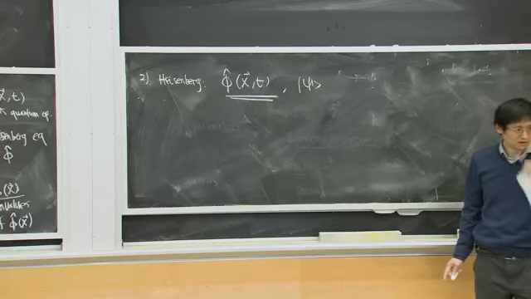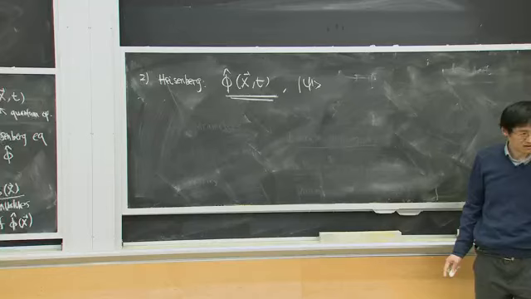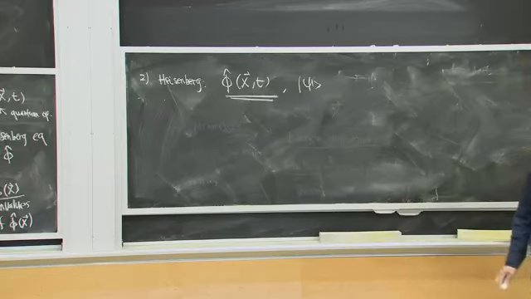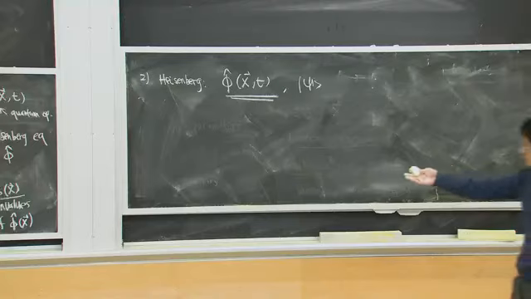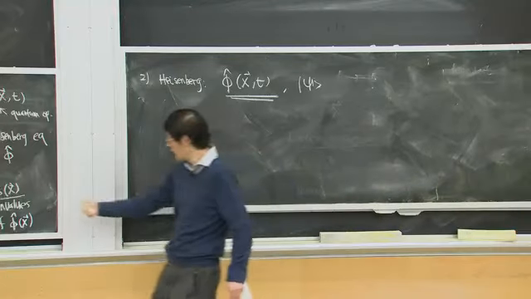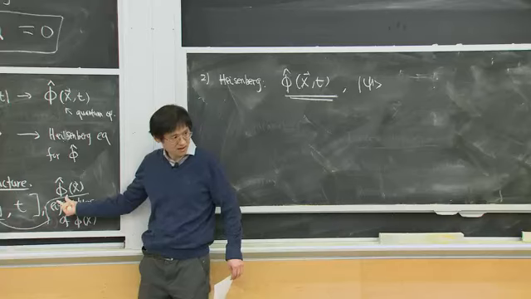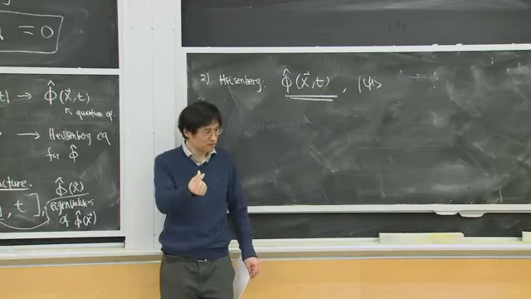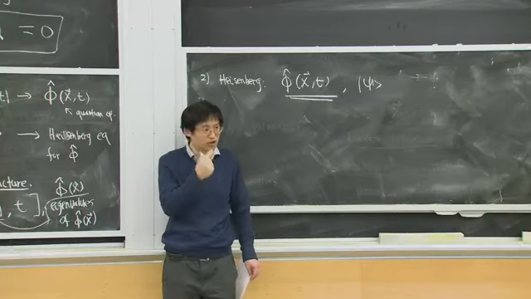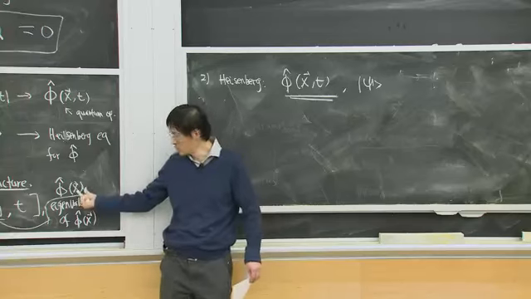Yes. So in the Schrodinger picture, remember x is a label for phi, but time is evolution. In the Schrodinger picture, the operators don't evolve, and so there's no time here.